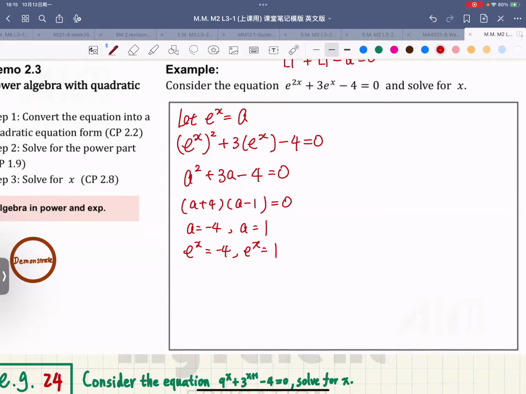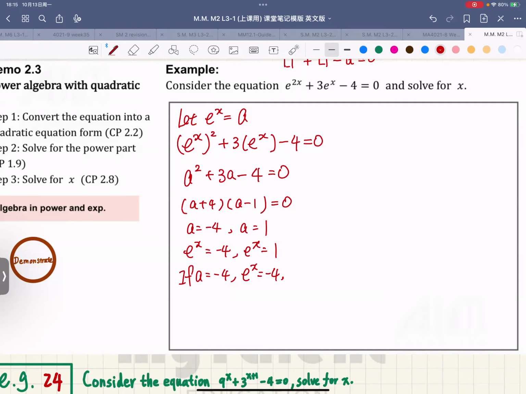Now, can we take both answers? Can we take both answers? All right, here's the thing. If a is equal to -4, e to the power of x is equal to -4.